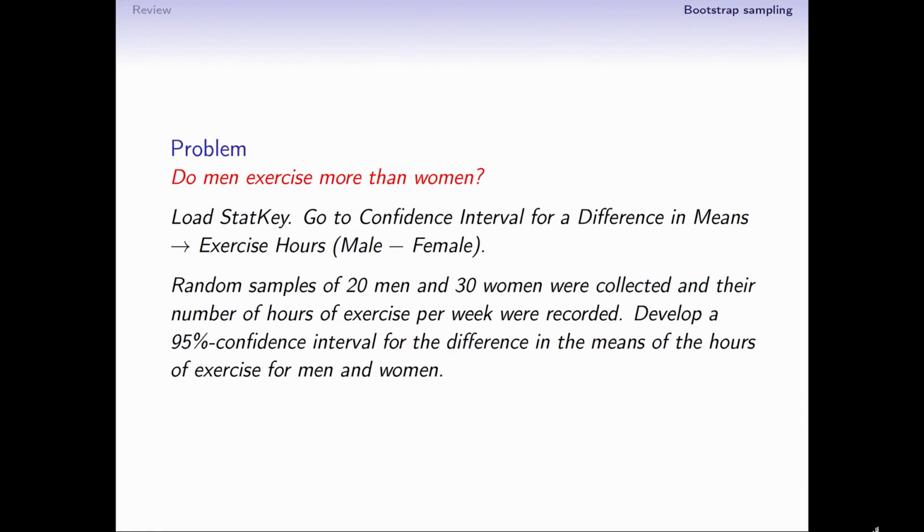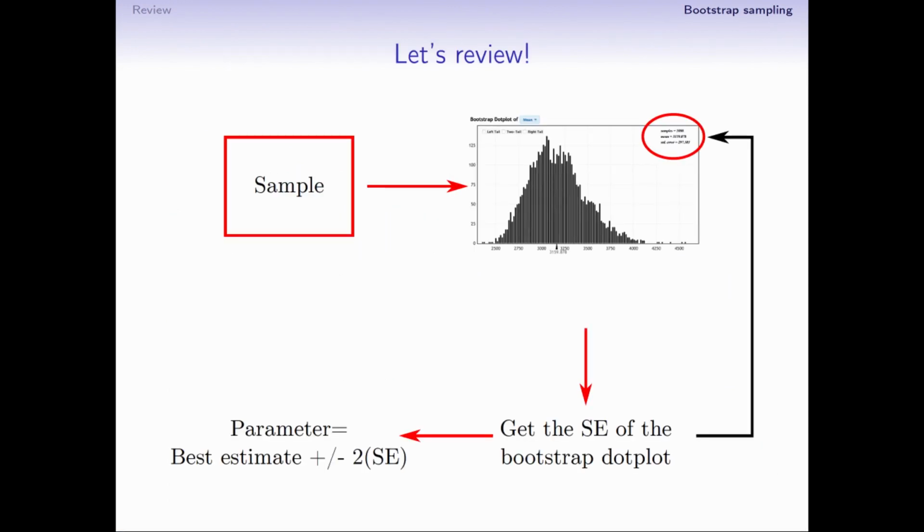Now, before we leave this section, let's briefly review what it is that we've done. Remember, our goal all along has been to estimate parameters that sit within populations. And in the last 2 sections, we've been developing the concept of the confidence interval, in particular the 95% confidence interval.